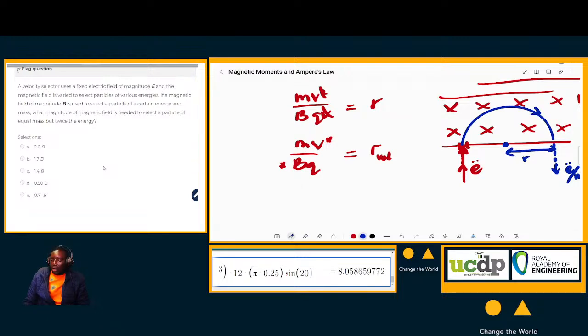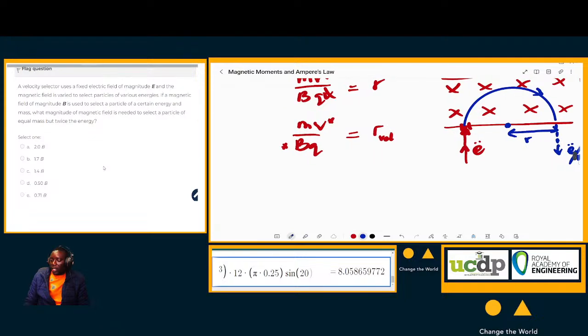So if we want particles of twice the energy, then we're saying in this case B is equal to RQ over MV.